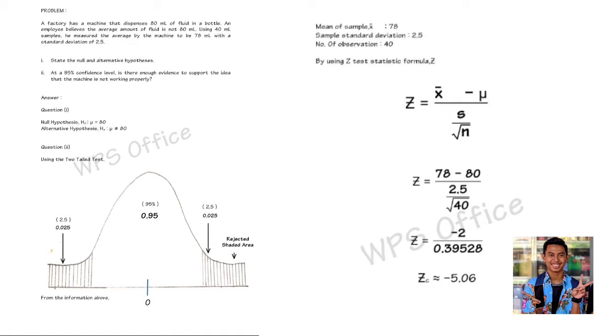So since there is enough evidence, we should reject the null hypothesis. So we can say that at a 95% level of confidence we cannot accept the null hypothesis that the average amount of fluid dispensed by the machine is 80 ml. So with 95% confidence level, we believe that the machine is not working properly.